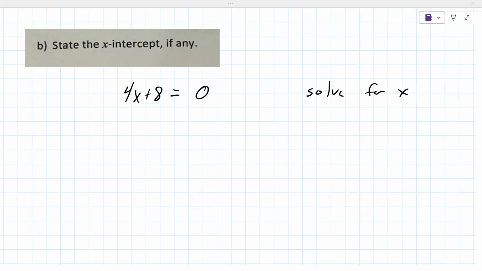That's incomplete. You have not solved for x. You have not gotten x by itself. I see. An 8.